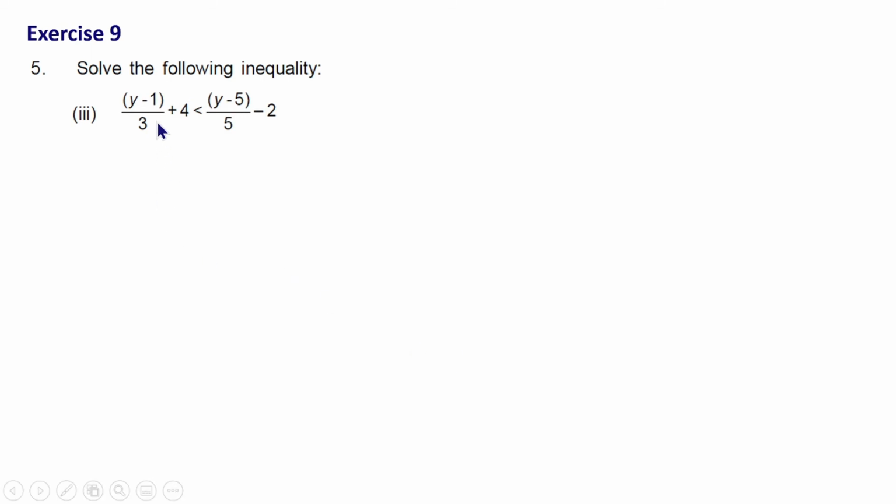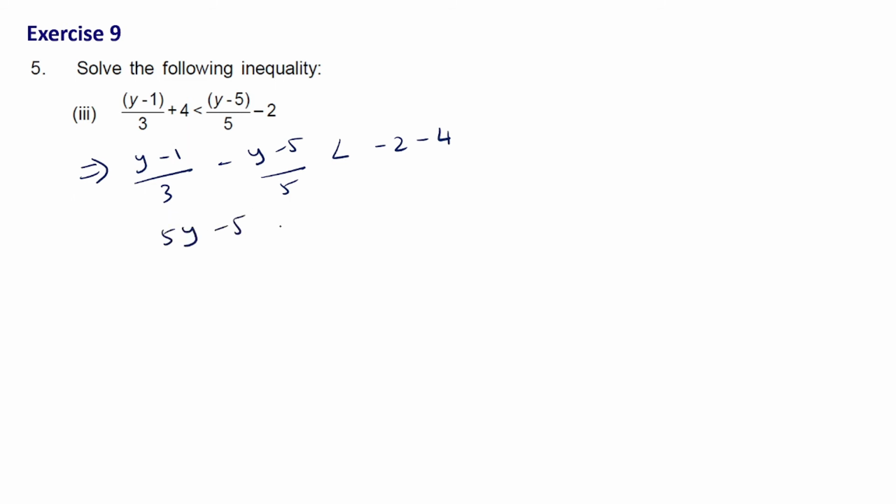The next question, y minus 1 by 3 plus 4 less than y minus 5 by 5 minus 2. So let us try to solve this. So we have y minus 1 by 3 minus y minus 5 by 5 is less than minus 2 minus 4. On taking LCM and simplifying, we get 5y minus 5 minus 3y plus 15 upon 15 is less than minus 6.